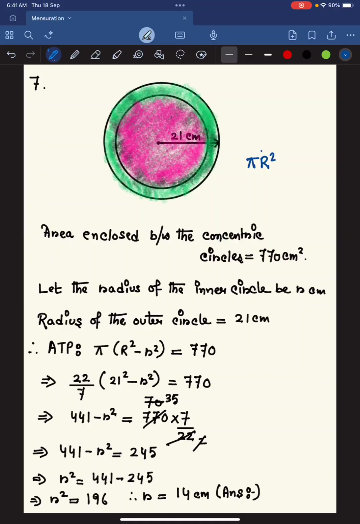So the area of the bigger circle is pi capital R square, minus the area of the smaller circle, pi small r square. The difference between the two gives us the area enclosed between the concentric circles. Now, the radius of the bigger circle is given as 21 centimeter. Understood?